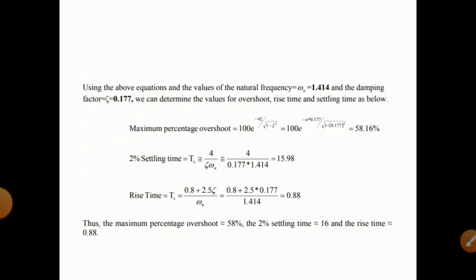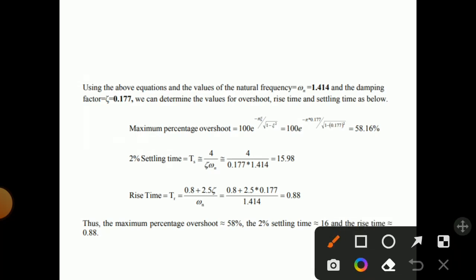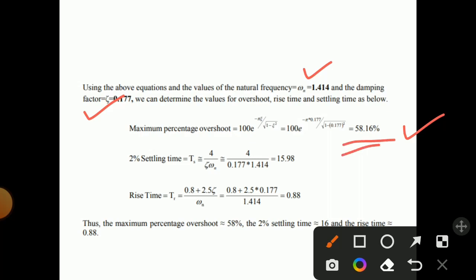Now these are the formulas shown here. As we have already calculated, omega n is 1.414 and zeta is 0.177. So we have to put these in the formulas. The first formula is maximum percentage overshoot, 100 into e raised to minus pi zeta divided by under root of 1 minus zeta square. Put the values and you will get the answer 58.16%, the maximum percent overshoot.